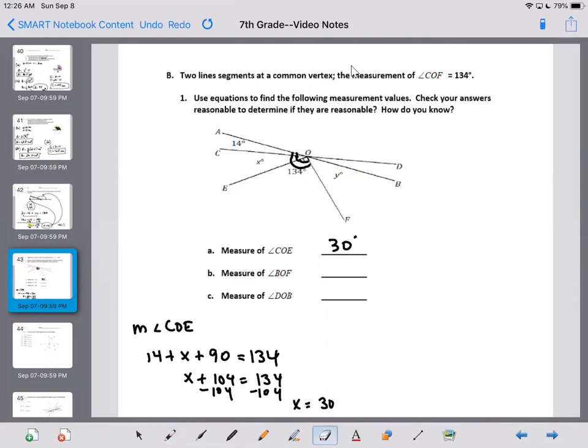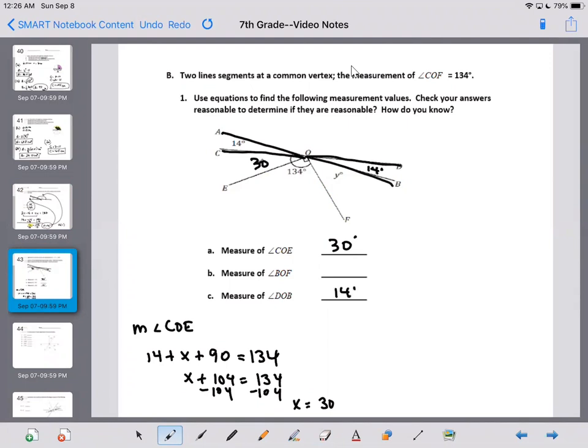All right. COE, I know this is 30. And I also know that if you look at angle AOC and DOB, that they would be vertical angles, so that would also be 14 degrees.